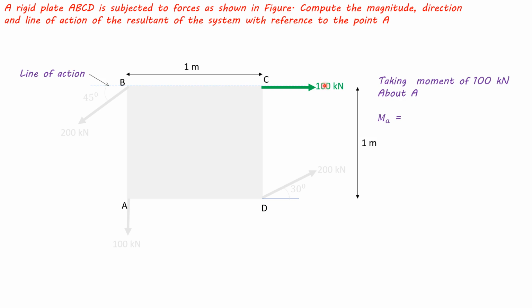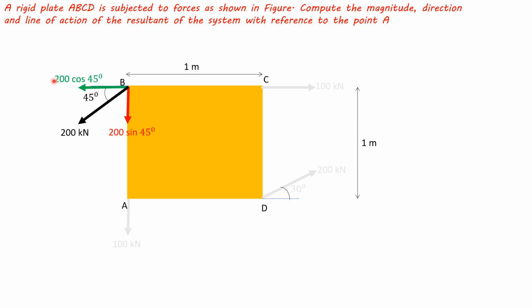The force moves along this line of action and rotates about point A clockwise. The perpendicular distance is 1 meter, so this moment will be 100 kN meters.